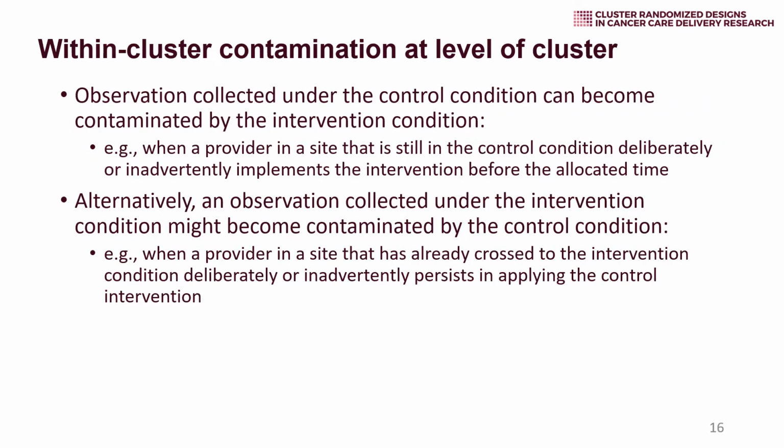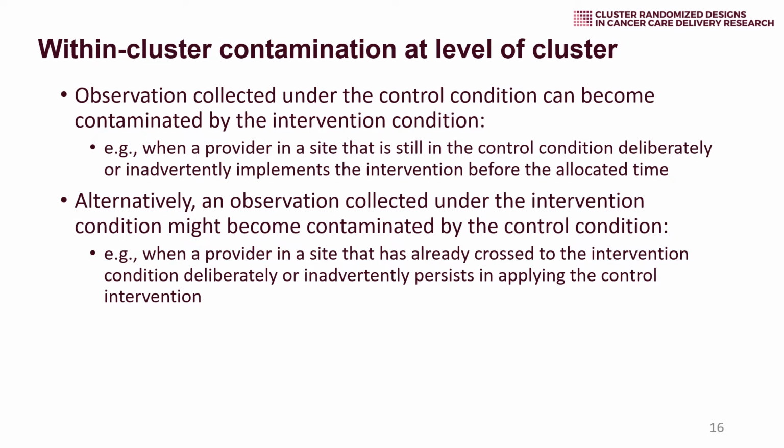So let's have a look at how it might arise when it happens at the level of the cluster. Observations collected under the control condition can become contaminated by the intervention condition if, for example, a provider in a site that is in the control condition, either deliberately or inadvertently, implements the intervention before the allocated time.